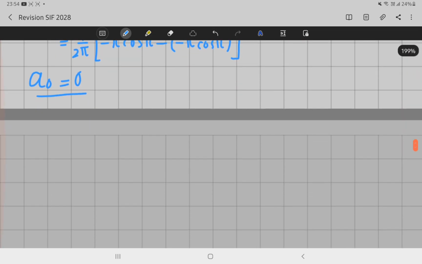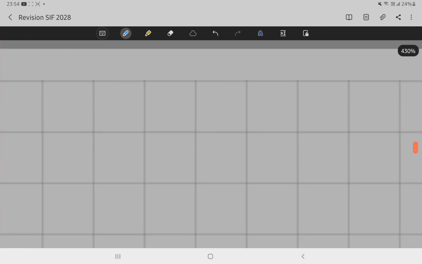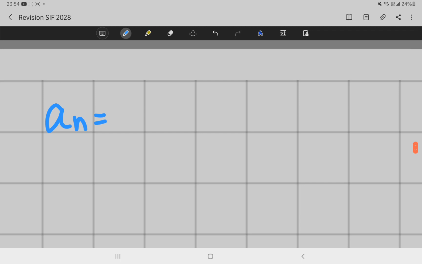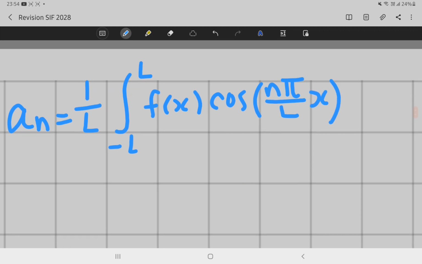Okay, so a n is 1 by L, integration minus L to L, f of x cos n pi x by L dx.